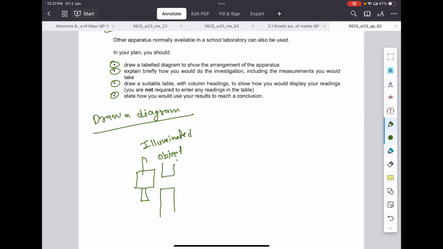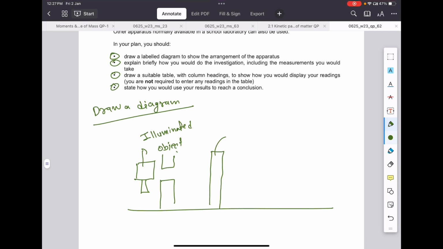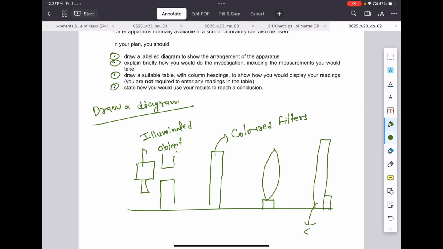Now there is one filter. It's a colored filter. And I can take one lens here. This will be the lens. And I can take one screen. So this will be your screen where the image will form.